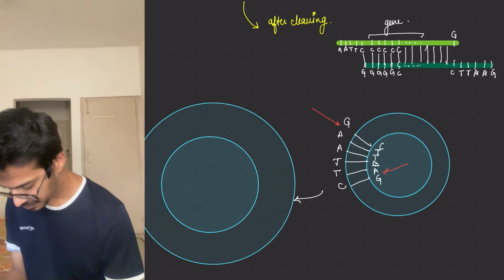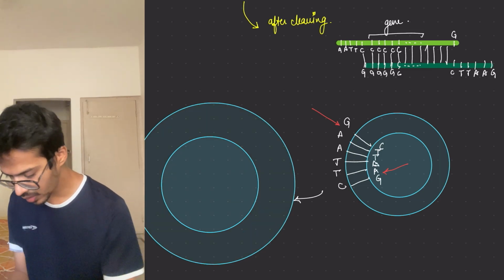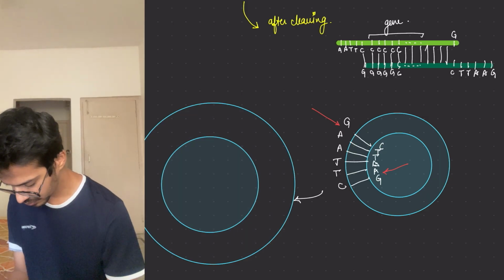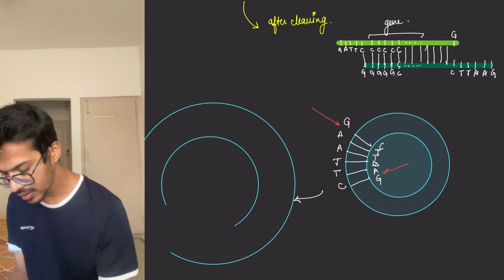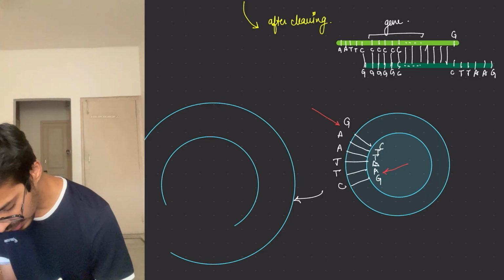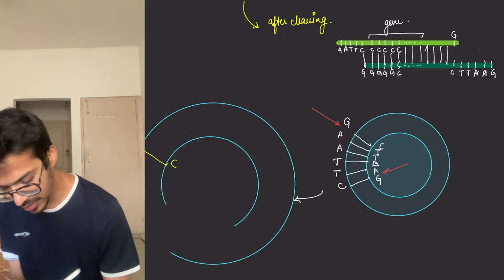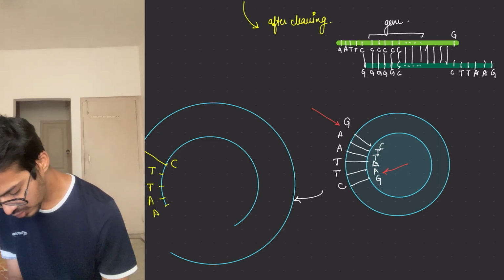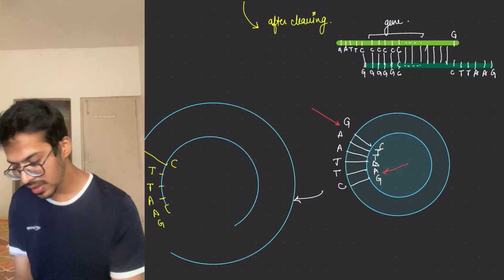Okay, now we have to cut it. Okay, I cut it up. So this is G. G opposite C was there, but C opposite next is T, T, A, G, right?